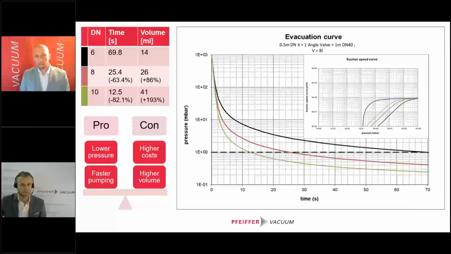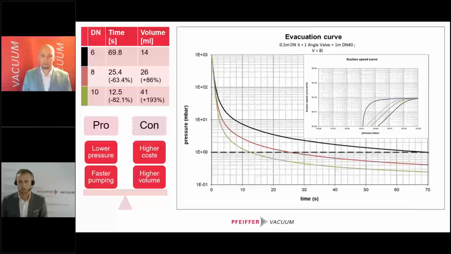On the other hand, clearly you have to consider it's a higher cost, because for this volume increase you also have to fill it with helium during the pressurization of your part. But also this pump down time improvement allows you in total to reduce your overall cycle time of your leak detection cycle.